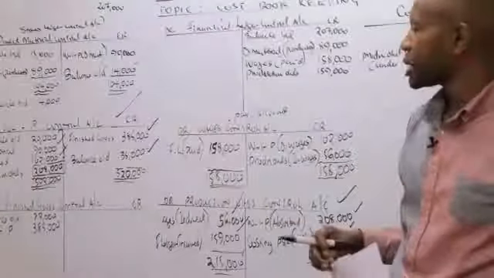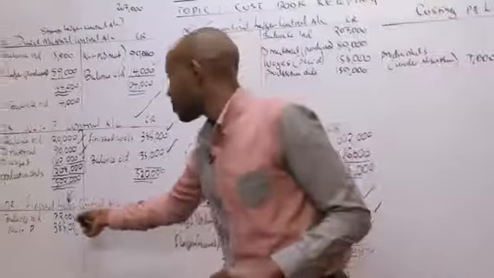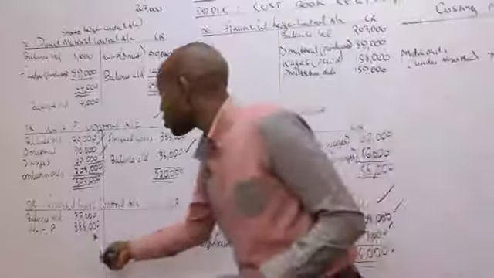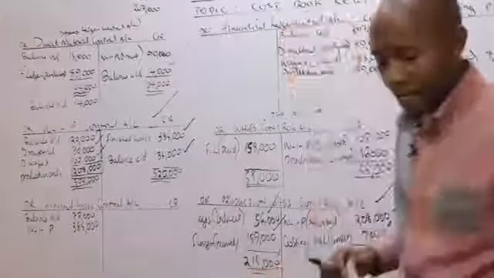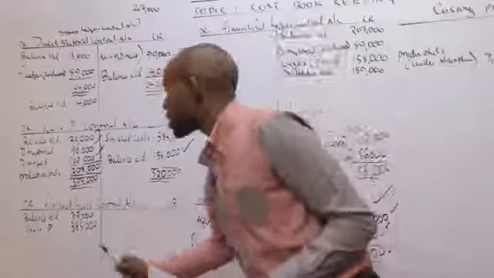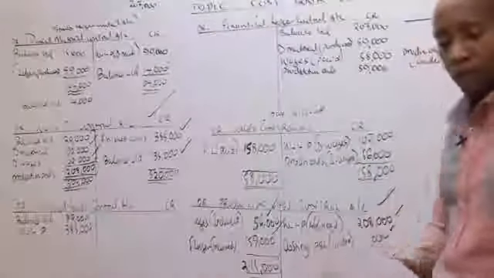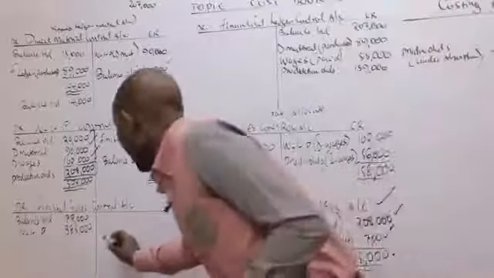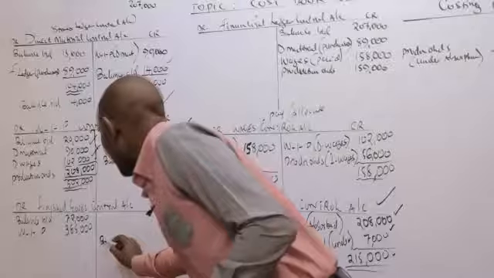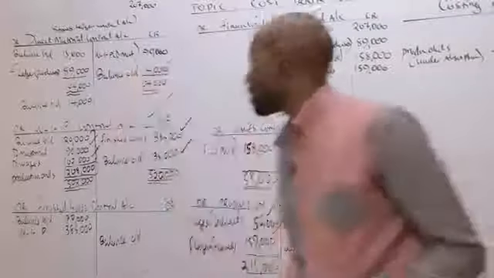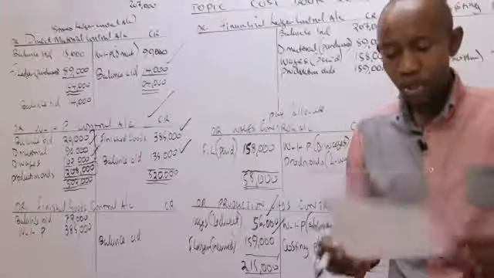I will repeat that: from the finished goods, now we go and sell. But this gives us the cost of goods that we are going to sell. We didn't sell everything. So it is part of what was finished that we went to sell. So what is the balance carried down in the finished goods control account?